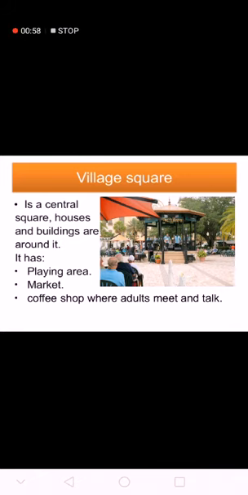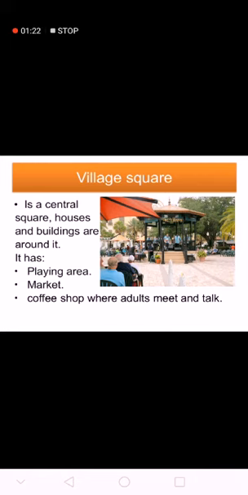Village square. As we said before, in towns and cities there are a lot of places where people can go to enjoy their time, to have fun, like coffee shops, cinemas, markets, malls, gardens, parks, and a lot of places.